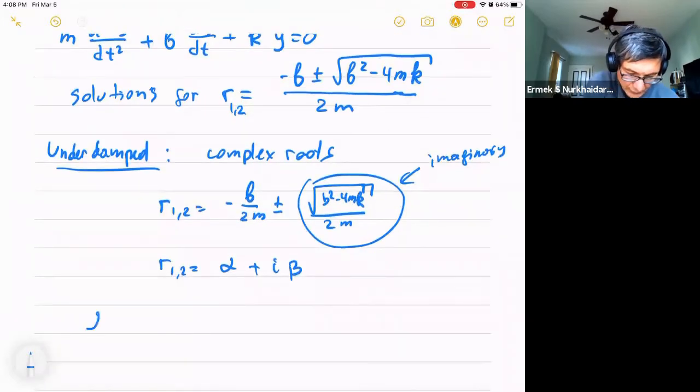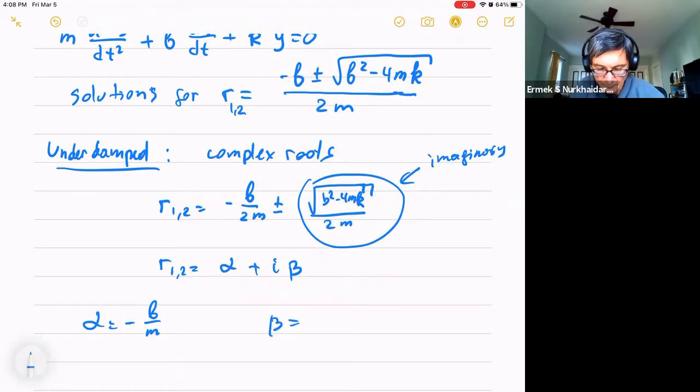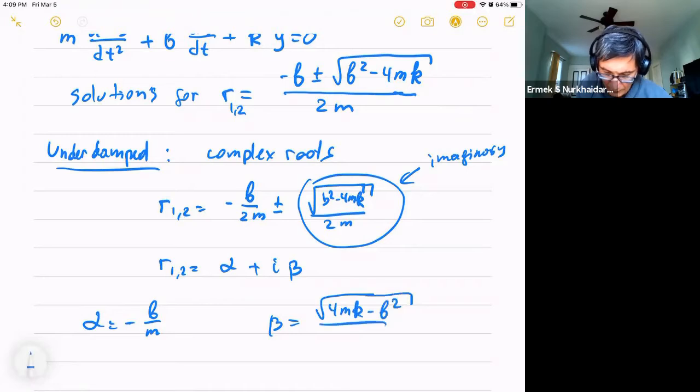And alpha is going to be negative b divided by 2m. And beta, if you simplify that expression, you don't have to simplify it much, is the square root of 4mk minus b squared divided by 2m. Okay, so that's the thing.